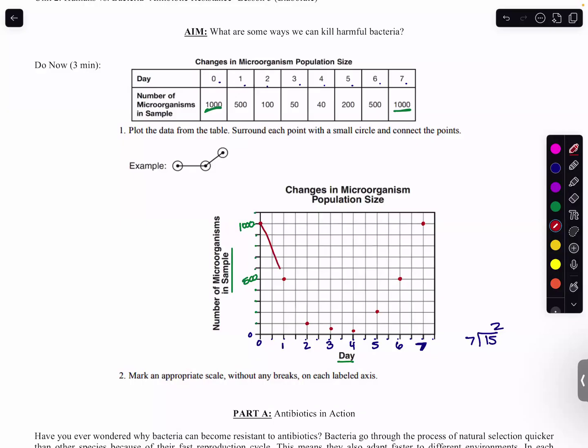Now I just need to connect the points using a straight edge. I'm making sure that these lines are straight. You're going to do the same. And again, this is going to be done in pencil. We never do graphs in pen, always in pencil. Okay. Just going to connect each point.